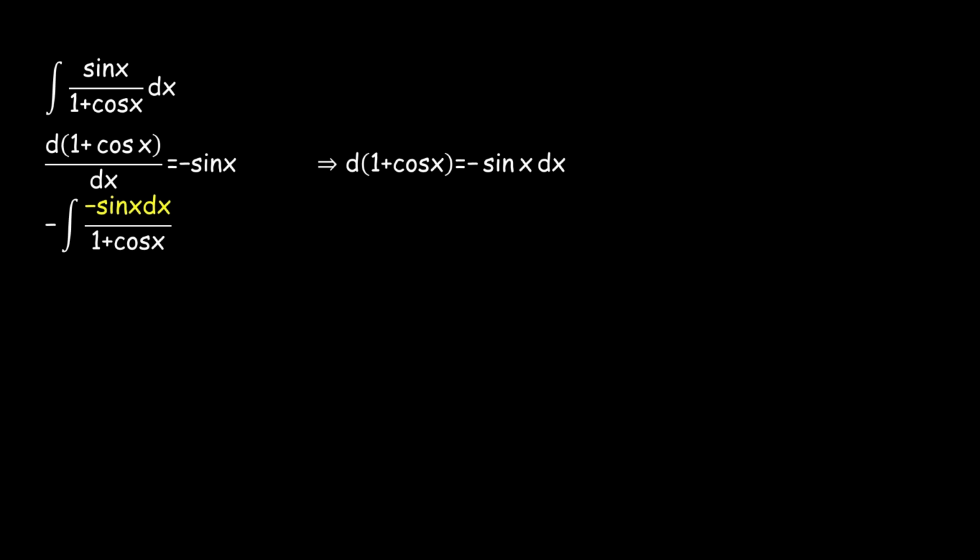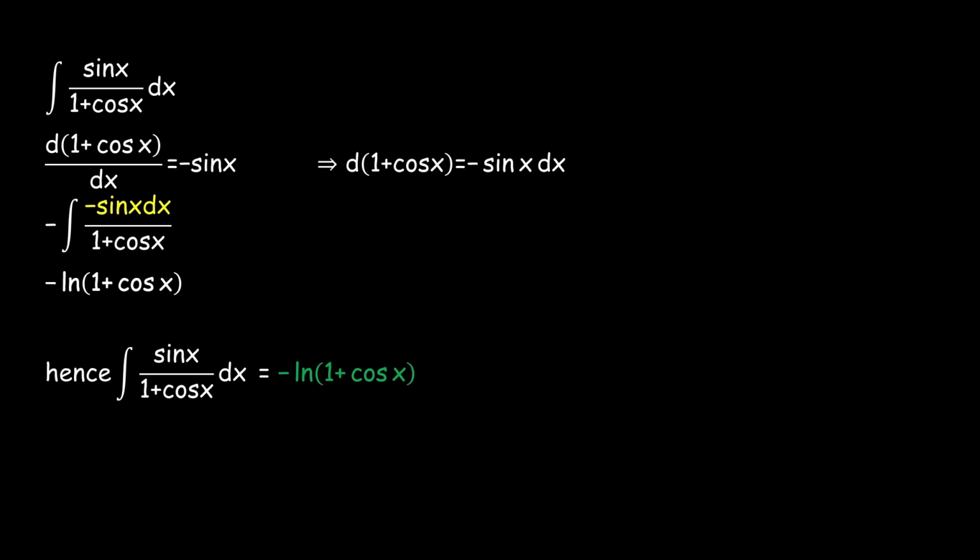This would be the negative of the integral of negative sin x dx. Once again, we use the notion from the previous question, and this will give us negative natural log of 1 plus cos x, and as always, we need to add the c to our final answer.